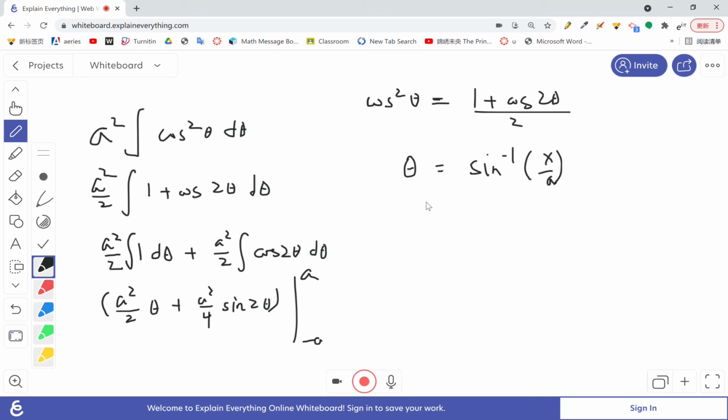So we plug it back in: a squared over 2 times arcsine of x over a, plus a squared over 4 times sine of 2 theta, where sine of 2 theta is equal to 2 sine theta cosine theta.